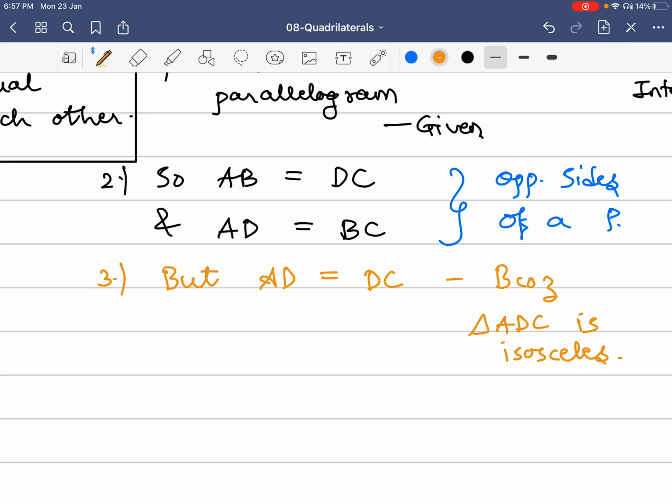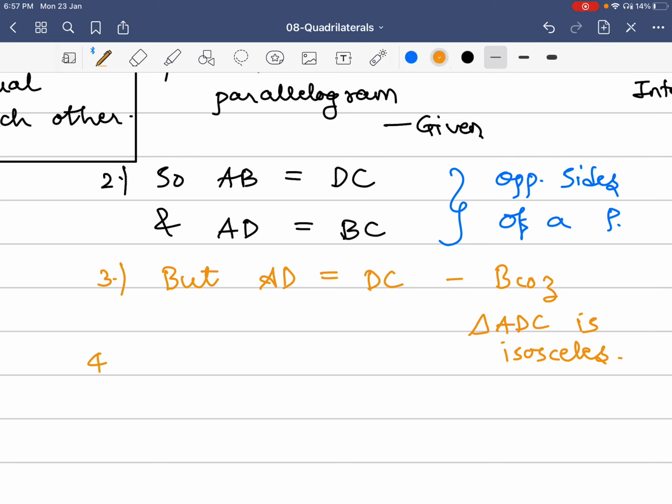So now look at this. AD is equal to DC, but AD is also equal to BC. Therefore, DC is also equal to AB. So if we prove that this is equal to this, then all four become equal to each other.